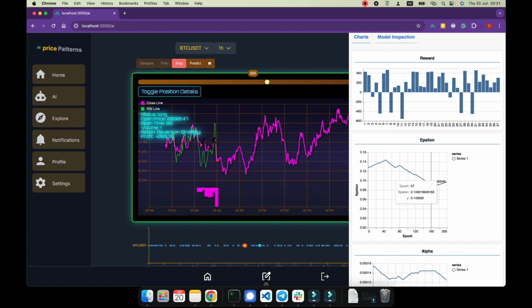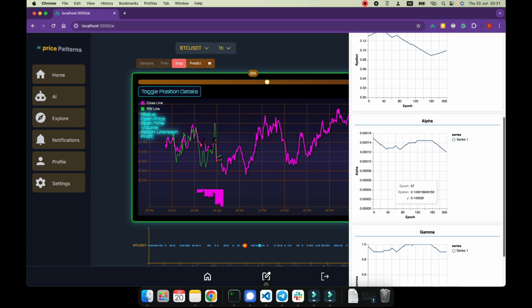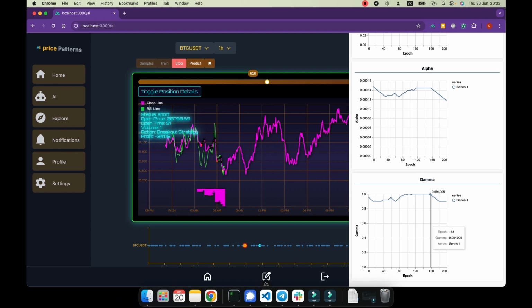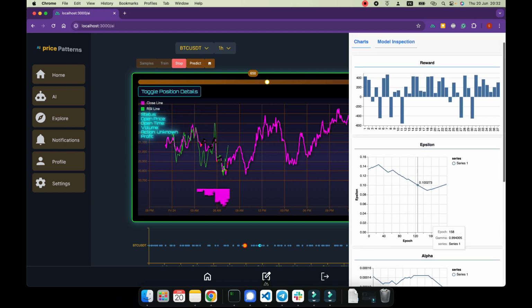It is epsilon, alpha, and gamma. Remember in your mind what they mean. Epsilon is a coefficient. Depending on this coefficient, we can influence our exploitation policy.